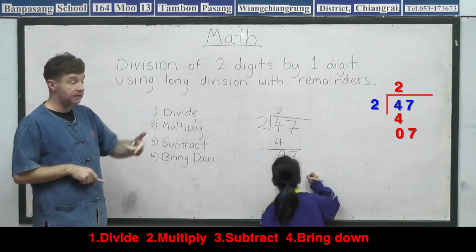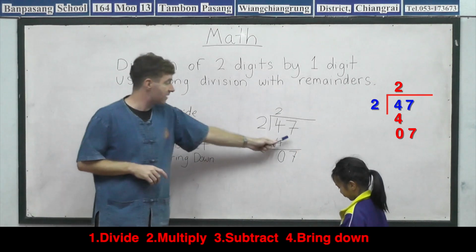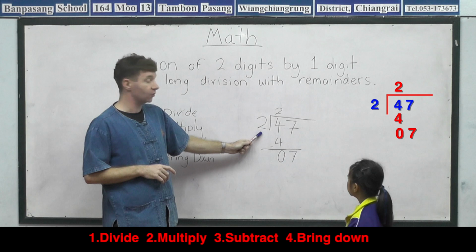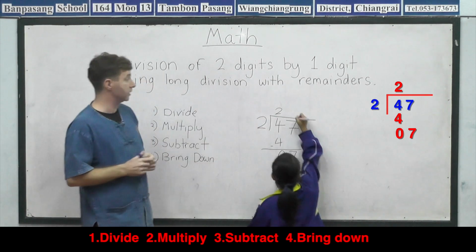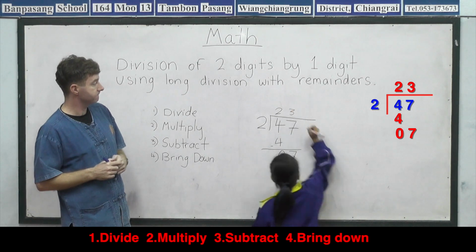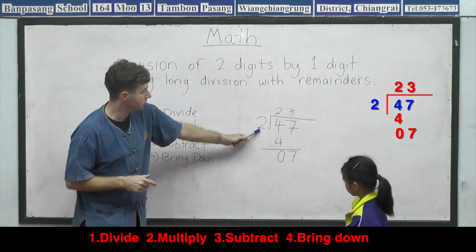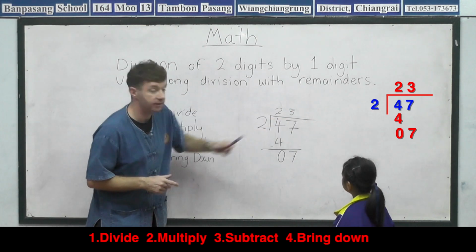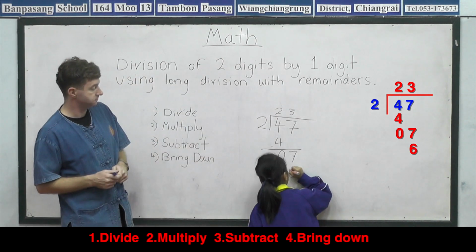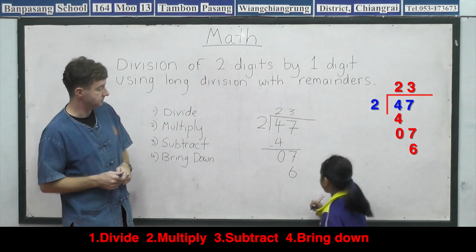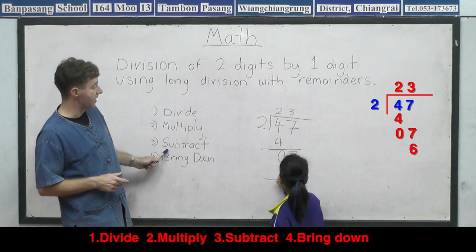And we repeat the process. So 7 divided by 2 equals 3. So 3 will go on top. 2 times 3 equals 6. And then step number 3, subtract.